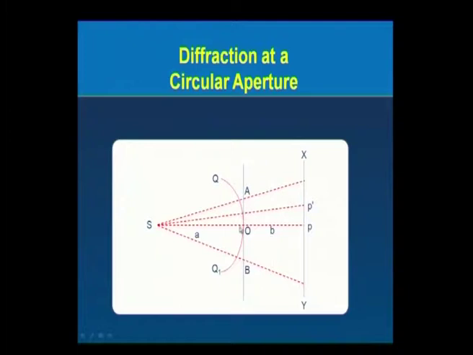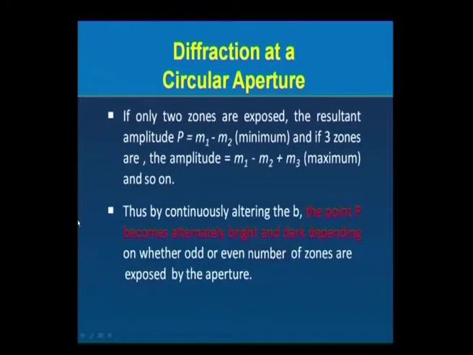So, P will be bright. So, P may be bright or dark depending upon whether an odd number or an even number of zones are allowed to pass through the aperture. Depending upon that, let me read again.